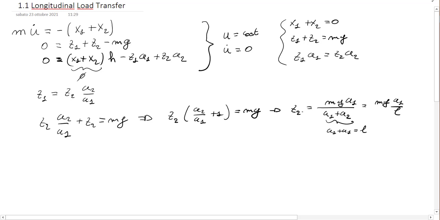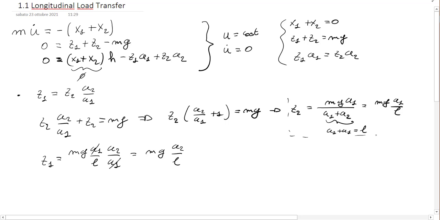And if we put this value in the other equation, we know that z1 equals mg a1 over l times a2 over a1. We can now simplify and we obtain mg a2 over l.